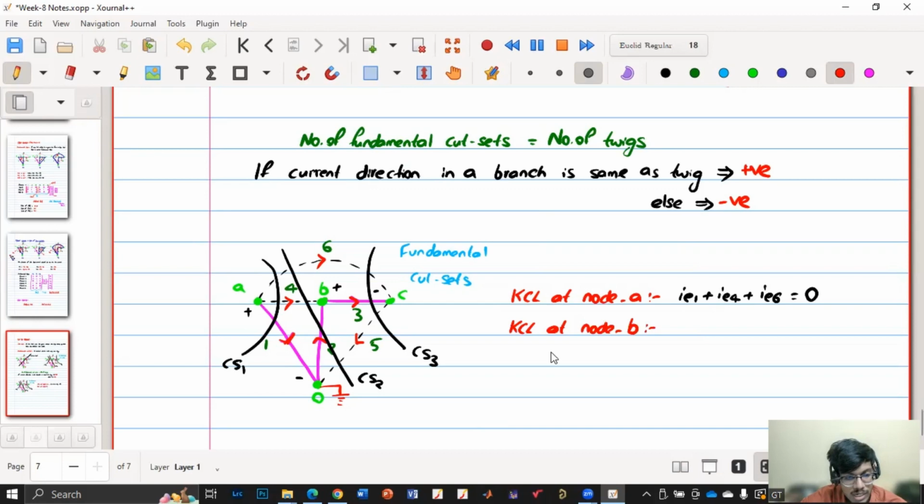At node B, the twig current is entering, so current entering is positive and current leaving is negative. Sorry, actually it will not be at node B, it will be across the cut set. In this cut set there are three currents it is cutting: 6, 4, and 1. So I should not say node A. I'm sorry.